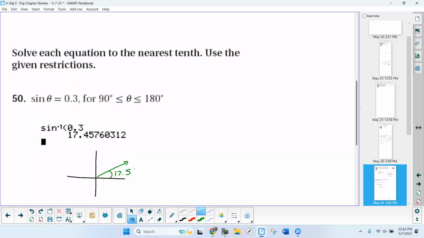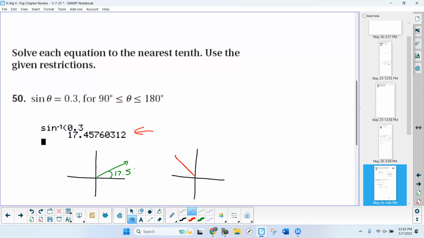Where else is sine positive? Right here, you said to your calculator, tell me the angle where the sine is positive 0.3. It's not saying restrictions. It's not capital. Where else is sine positive?